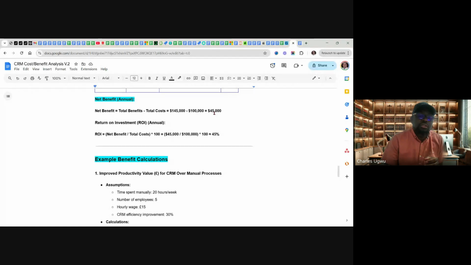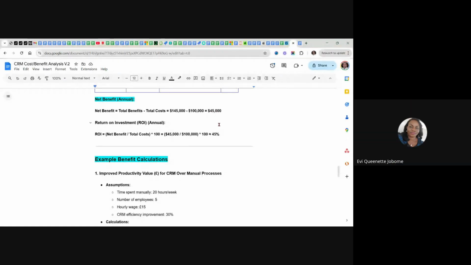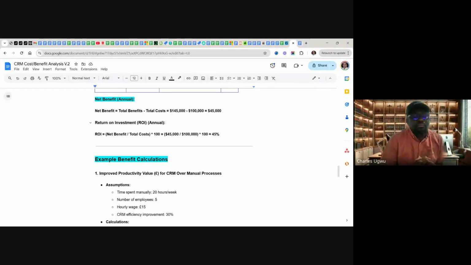Are you getting it? Yes, sir. So that is the net. Net benefit is still the net present value because it's at the end, the net benefit. That is what determines how viable it is, and that is the return on investment.